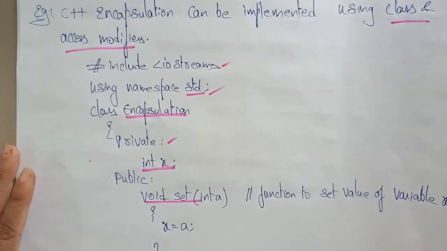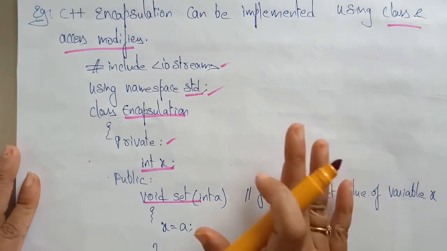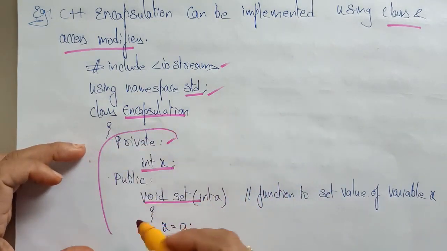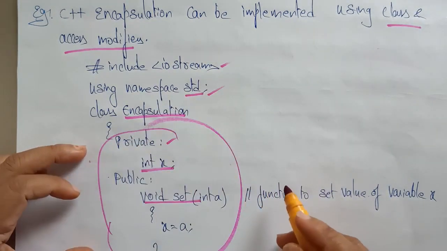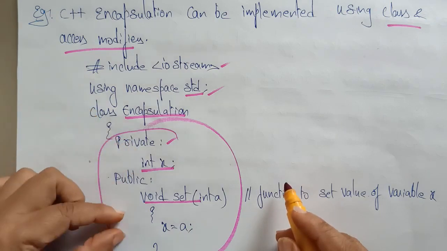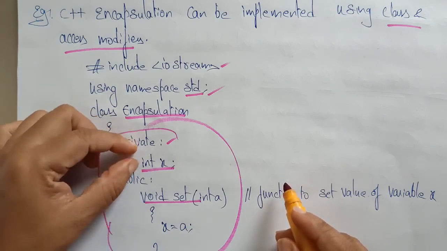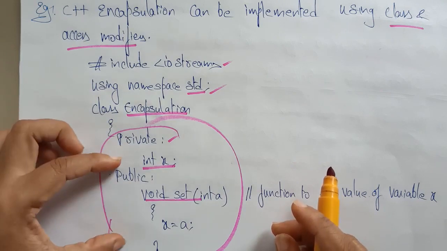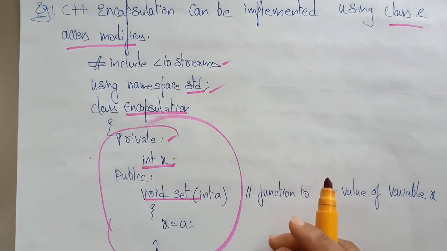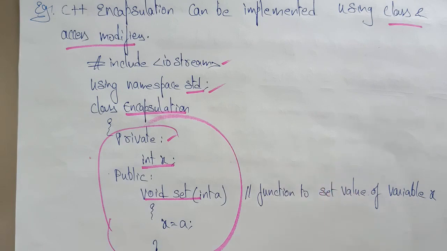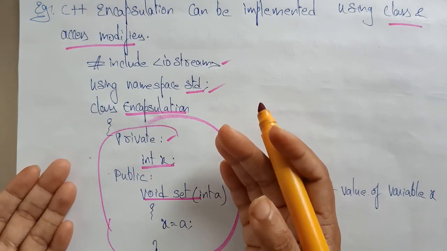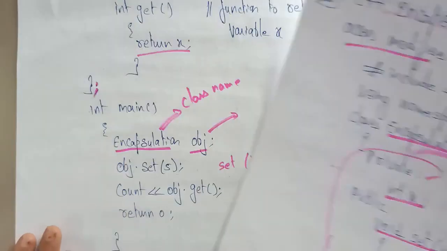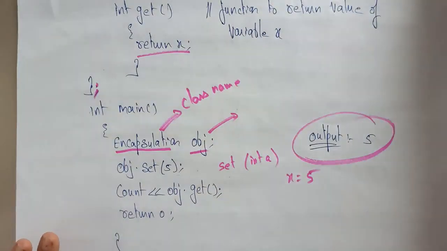Here the main concept of encapsulation is to combine the properties, the data members, and the methods, wrapped in a single unit, and this can be accessed by creating the object. The object can access my encapsulated data. Okay, so this is about encapsulation. Thank you.